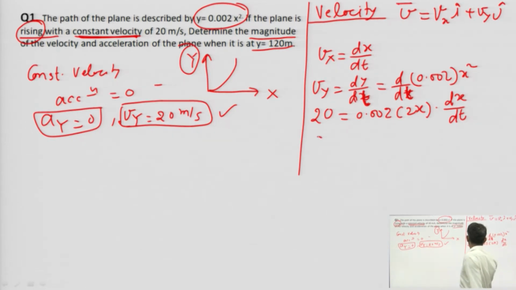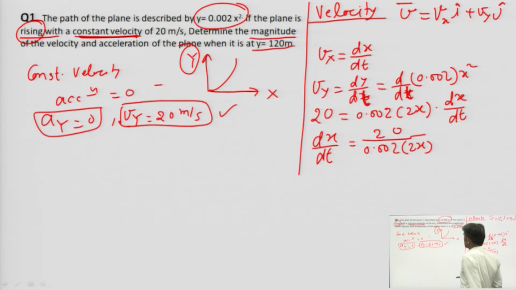So dx by dt is equal to 20 divided by 0.002 times 2 x.